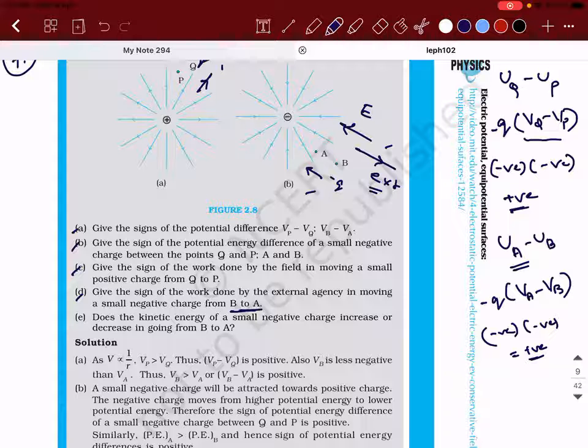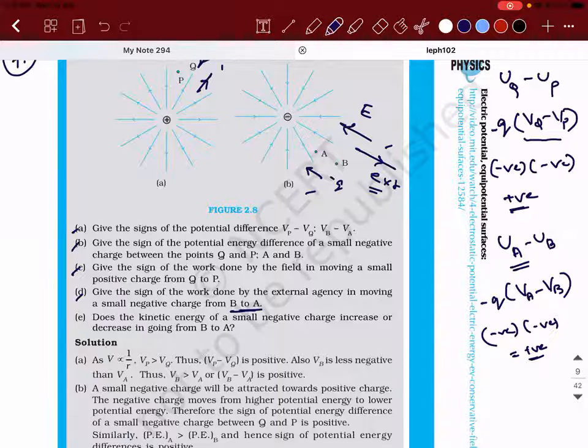I want you all to think. Open your brain. Start thinking. Field is towards the negative charge, correct? Because negative charge will receive the field. Where is the external negative charge moved from? B to A means it is moved in the direction of electric field, right? Will that be possible? Will electric field be able to carry negative charge towards itself?